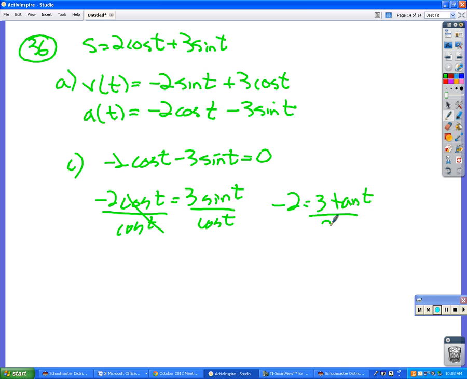And then I'm going to divide both sides by 3. So the tangent of t needs to equal -2/3. I guess they just want the very first one. So if you just do second tangent of -2/3, the answer that you get should be our first t value. Please be positive.